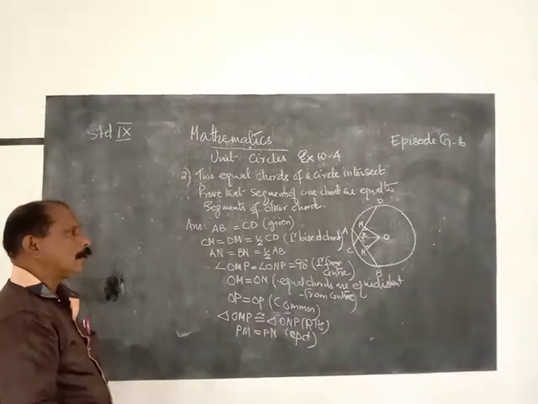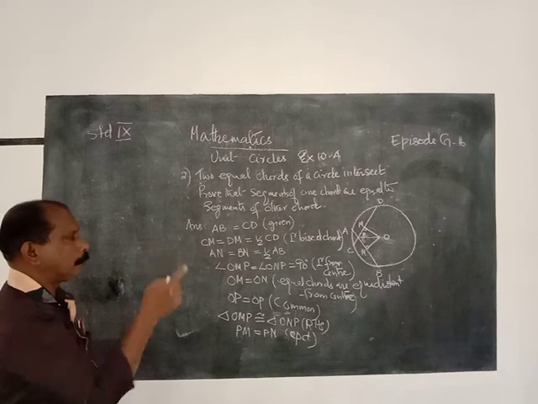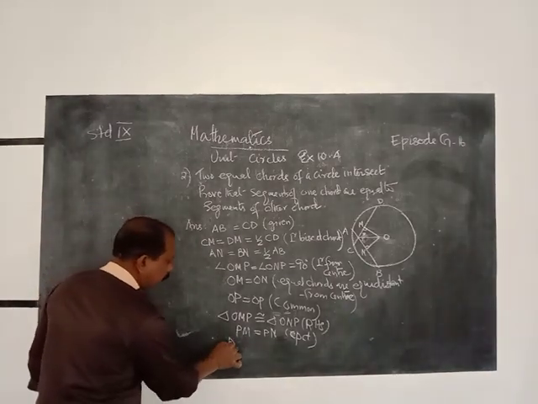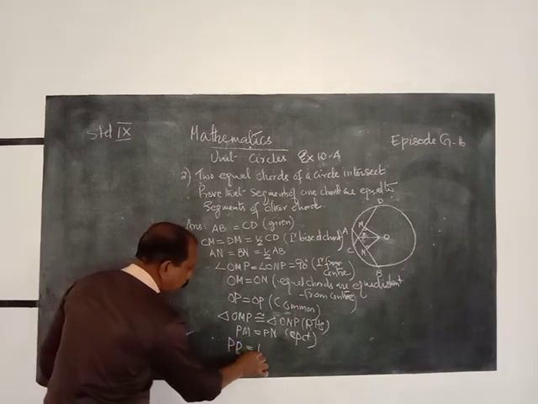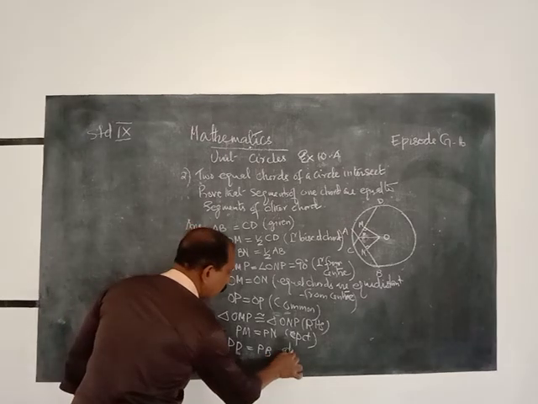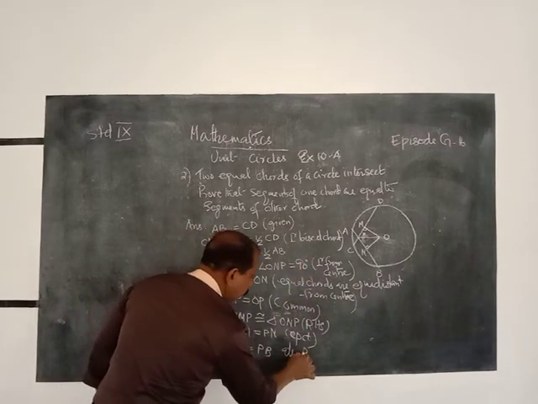Clear? Therefore, PD is equal to PB. Also, PC is equal to PA.